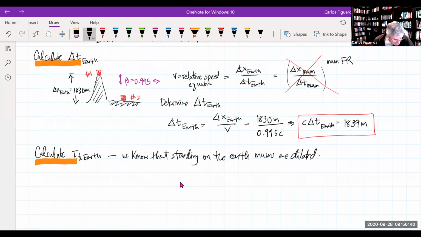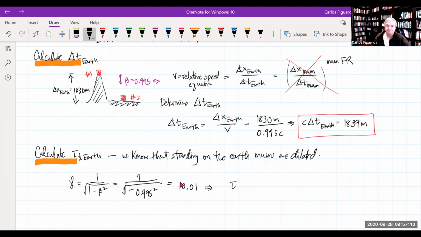So what that means is that if I look at my gamma factor, this is 1 over the square root of 1 minus beta squared, which is 1 minus 0.995 squared. The value that I get here is 10.01 for my gamma factor. So this tells me that in the frame of the muon, the Earth is going to, let me be careful here how I say this.